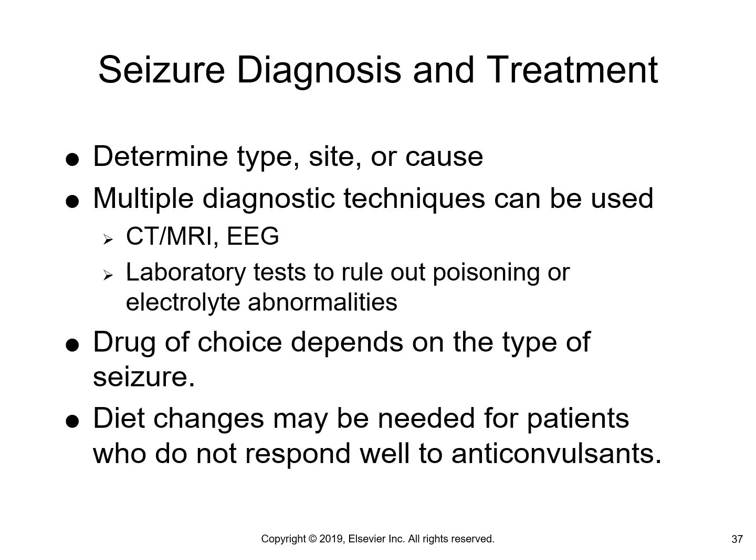Maybe it's a fever that is causing the seizure, right? So determining type, site, or cause. Multiple diagnostic techniques can be used. We can use CT scan or MRI or the EEG to check the electrical activity in the brain, whether it's normal or not.